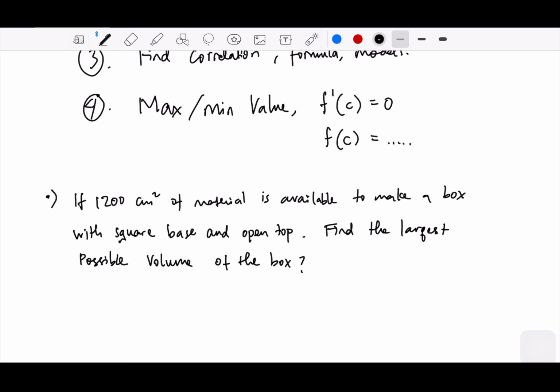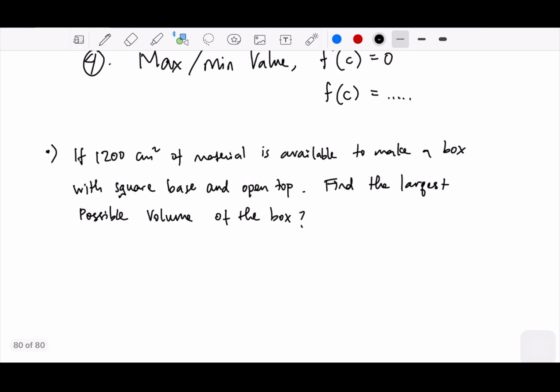Okay. So we have the visuals, we have the material. We can only make the box based on 1,200. So 1,200 is our restriction. We call this our constraint in our case here.